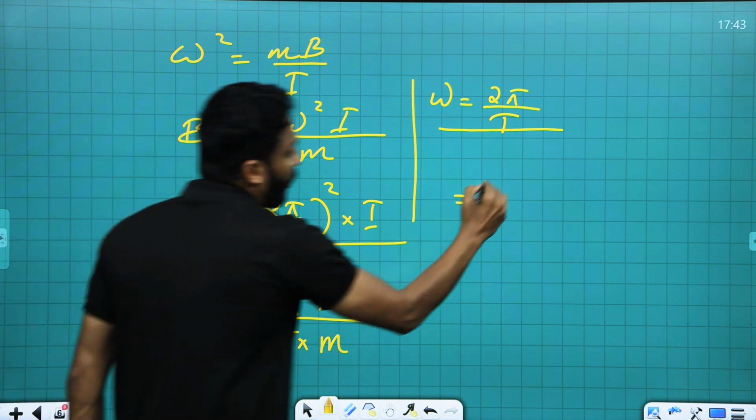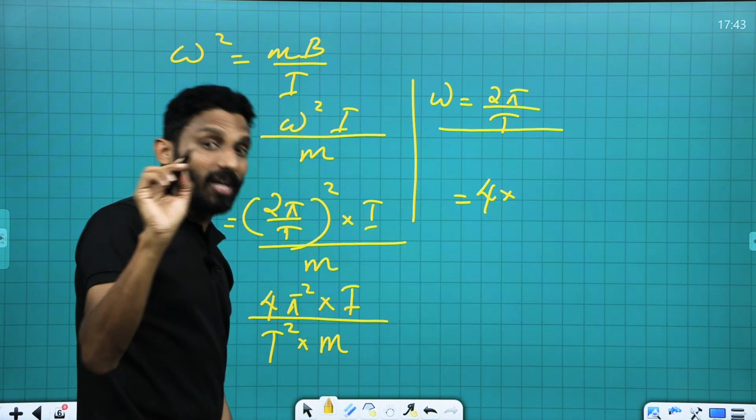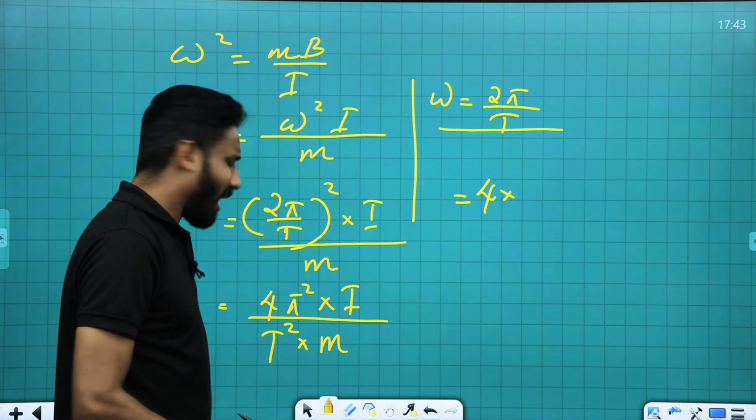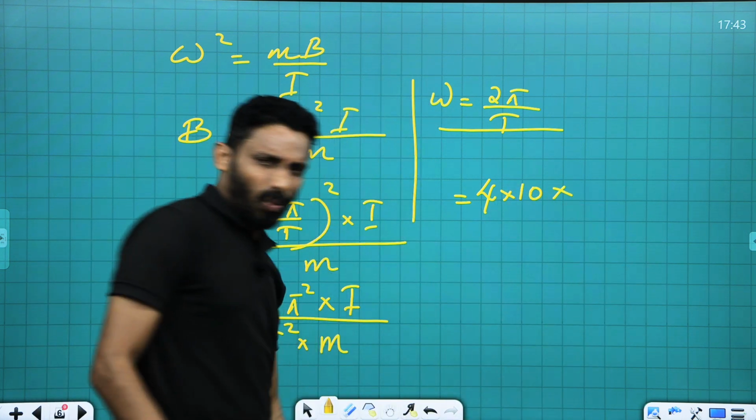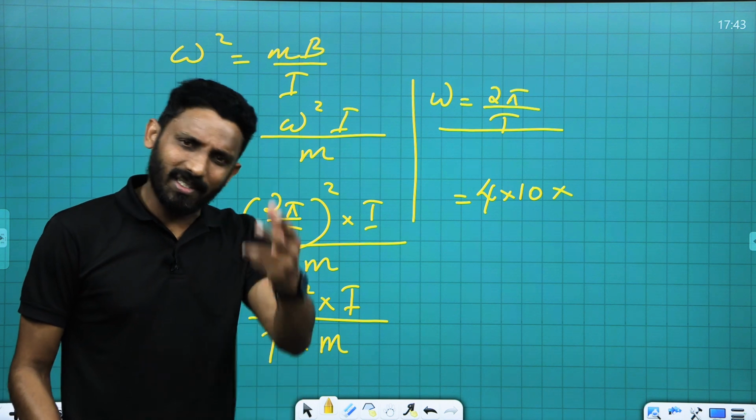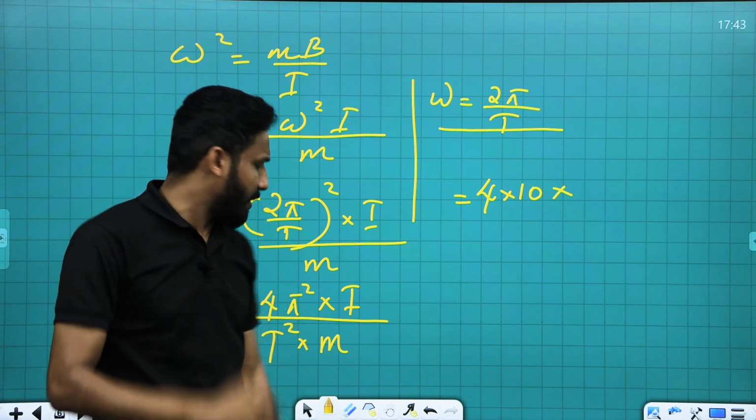Continuation: 4 into, see, pi square we can take as 10. Approximately 10, right? In calculations you can take pi square as 9.9 something, about 10.